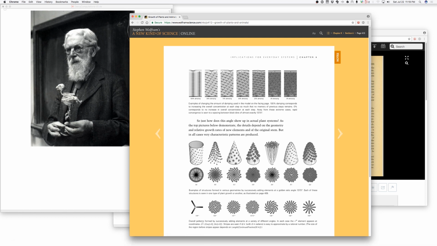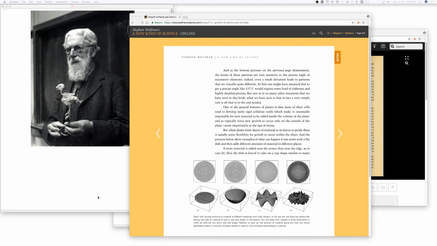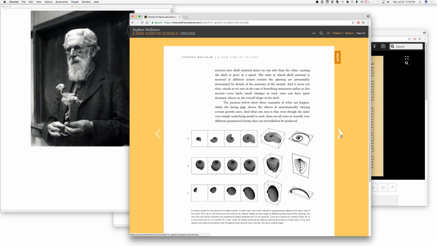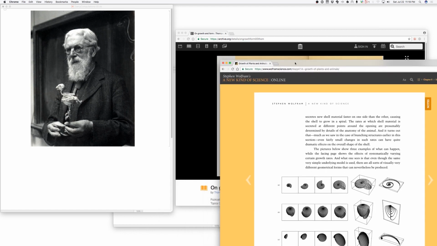So I had, let's see. Yeah, there's an antler or a horn or something, and I found all kinds of interesting things, but they sort of followed on in some ways from what D'arcy Thompson had done in his book in 1917. So okay, let's get to work.